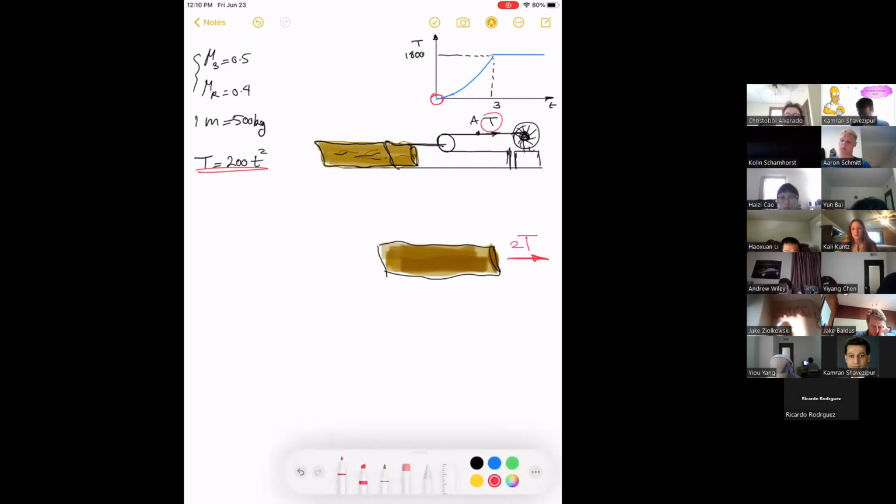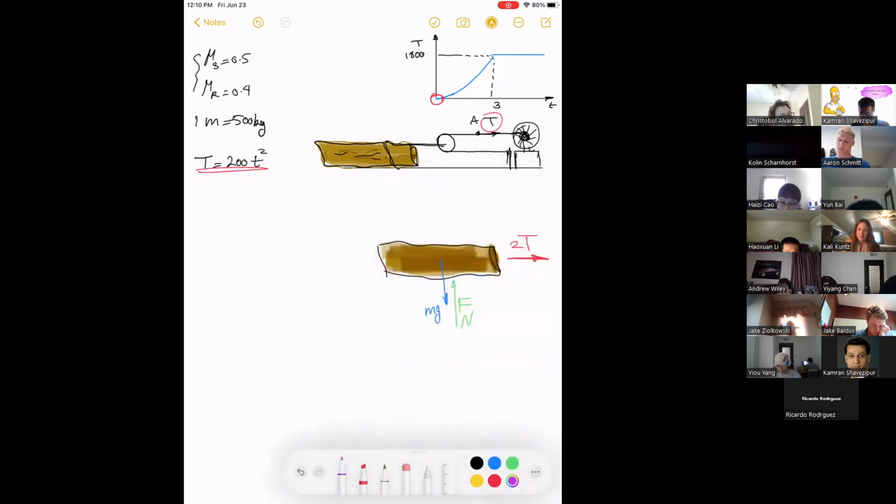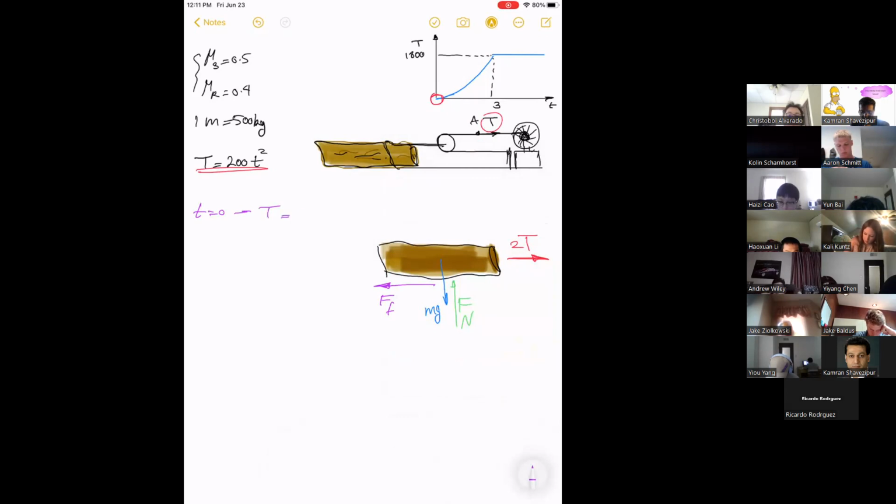What else do we have? We have gravity, mg. We have reaction force, N or Fn. And we have my favorite force, friction. When you start from T equals 0, your T, which is the same as 2T, will be 0.